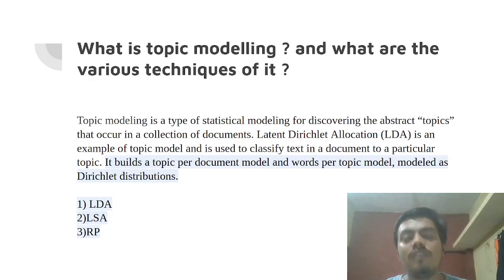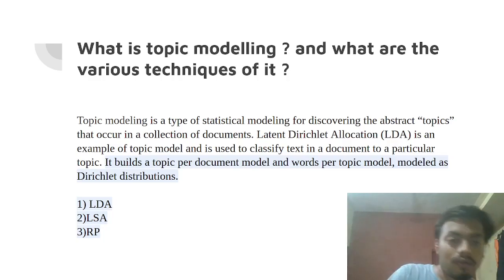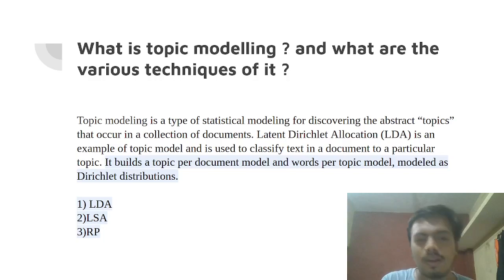How it works is, first of all, they randomly allocate the number of topics which you want to detect to all the words. I am talking about after the pre-processing step. In the pre-processing pipeline, you have normal steps like stop word removal, stemming, and such kind of things. After that, you have topics randomly allocated to all the words in the corpus.